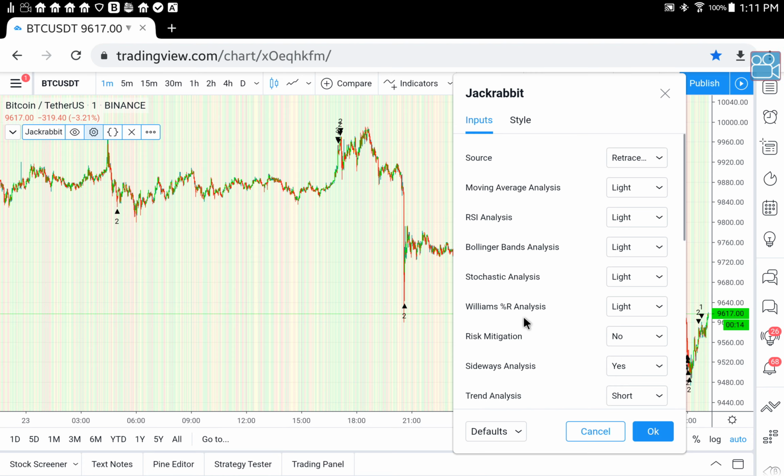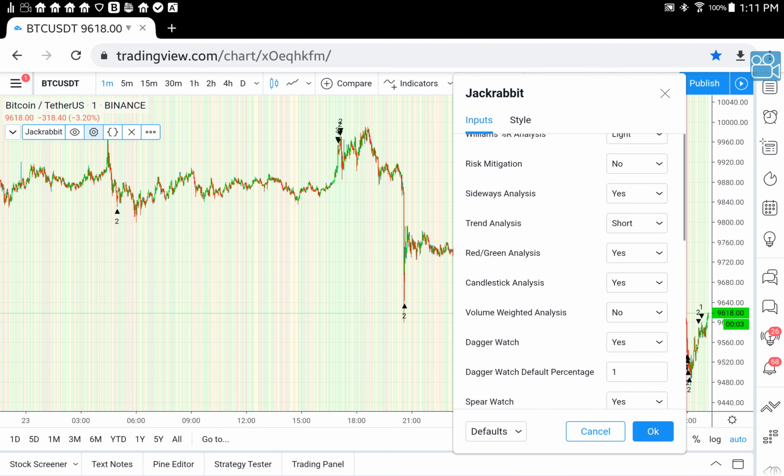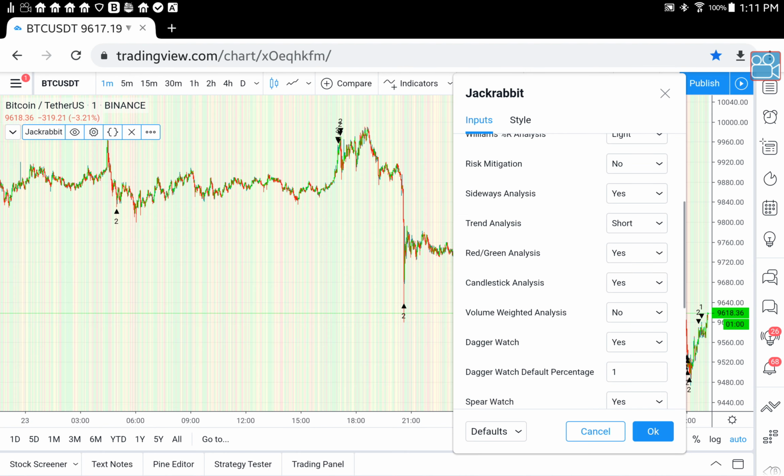These are what make the decisions about what is actually bought and sold. All the rest of this, risk mitigation, sideways trend analysis, all of those are filters. They filter out signals on the basis of each of the analysis being conducted.